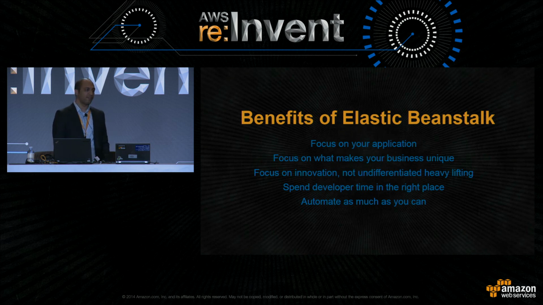We want to do all of that for you so that you're really focusing on your core business and what differentiates you. It allows you to spend developer time in the right places so that developers are not worrying about writing scripts to manage infrastructure or manage configuration on the instances. And it allows you to automate as much as you can. I can't stress that point enough. Everything you do, you should automate.